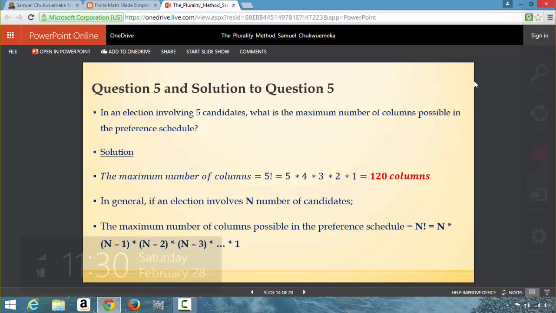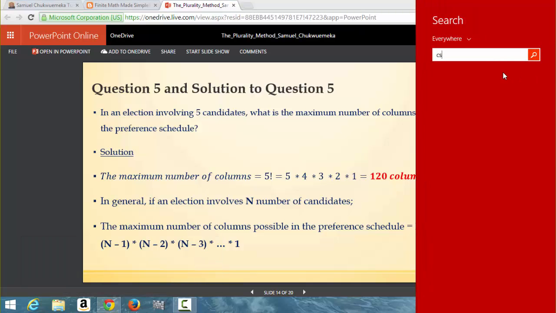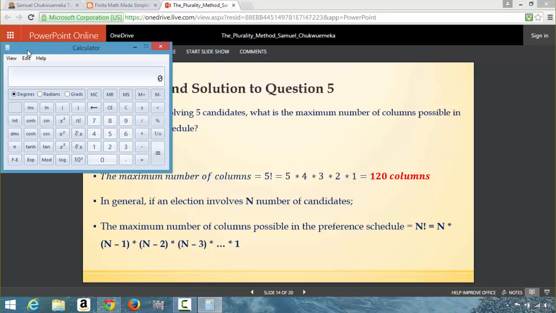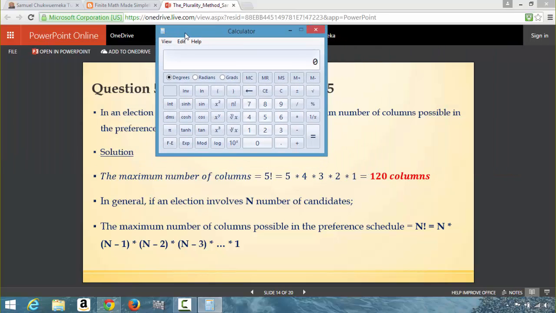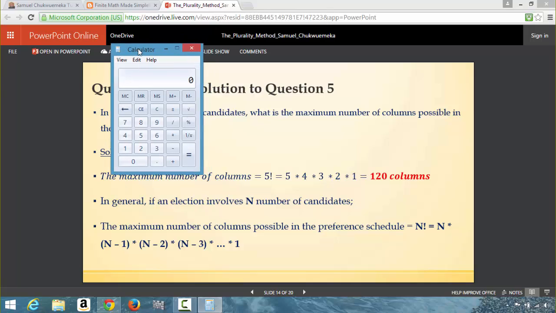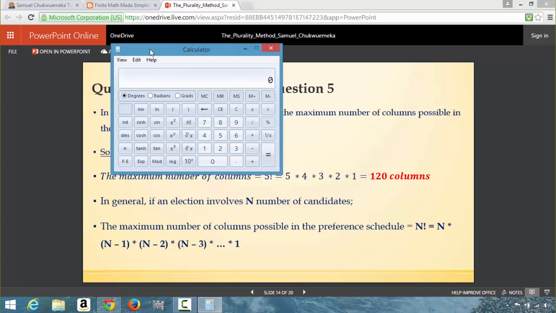This is Windows 8. If you want to find it, you go here, click on search, and type in calculator. If it comes up as standard the first time, just click on view and change it to scientific.